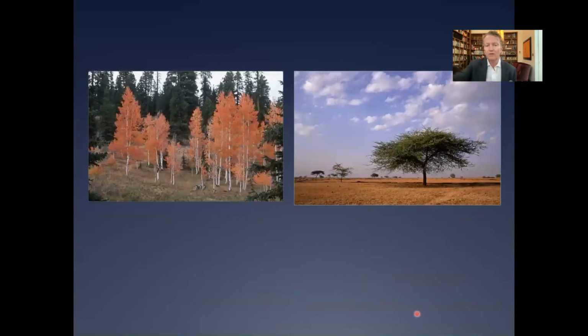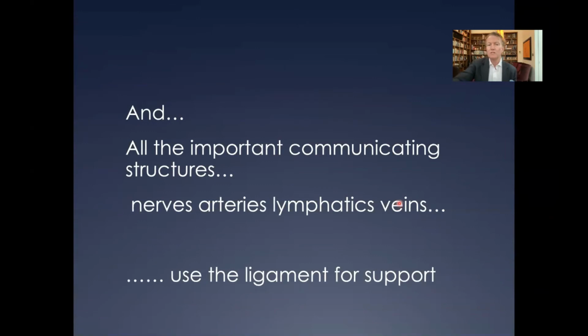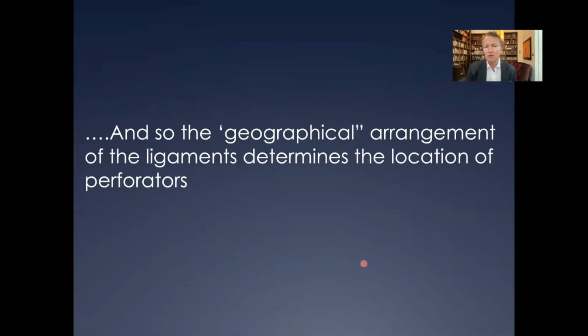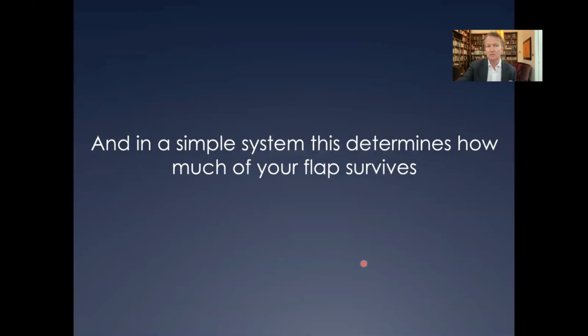And I use this analogy where you can have lots of small trees, lots of small blood vessels grouped together, or you can have isolated trees which are of much larger caliber, widely spaced apart. We know that the important communicating structures, nerves, arteries, lymphatics and veins, all use the ligaments for support, as we discussed before. And so the geographical arrangement of the ligaments determines the location of the perforators. And in a simple system, this determines how much of your flap will survive.